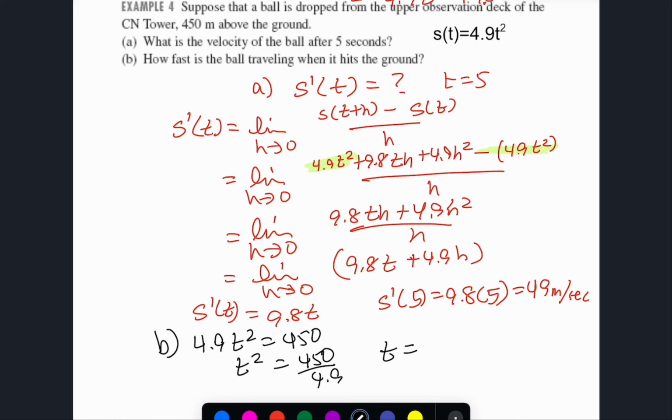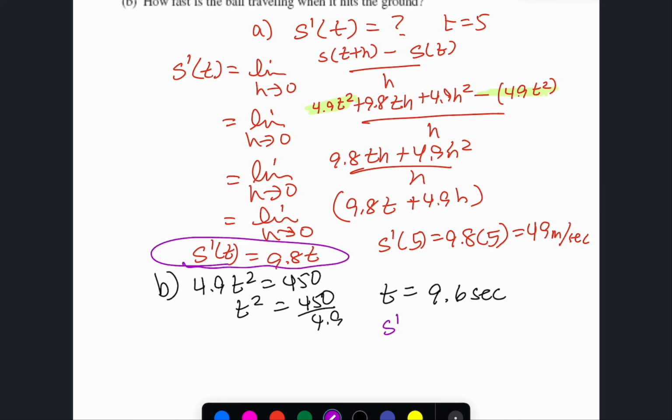And if we take the square root of 450 divided by 4.9, we get about 9.6 seconds when it's going to hit the ground. Now, it says how fast is that? We have a velocity equation. Our derivative is our velocity equation. So the derivative when we hit the ground is just plug in 9.6. So 9.8 times 9.6, we are going 94.08 meters per second.